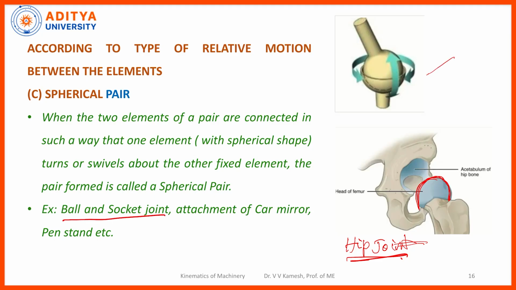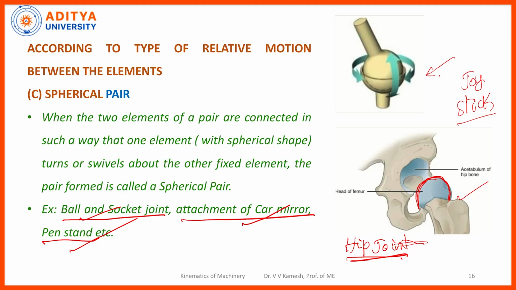So you can see this is the ball and socket joint, and the attachment of a car mirror, right, and the pen stand, and we are having another word everybody knows, joystick, okay. So you are moving like this. So the ball and socket joint has the best examples: pen stand, attachment of a car mirror, or the human hip joint.